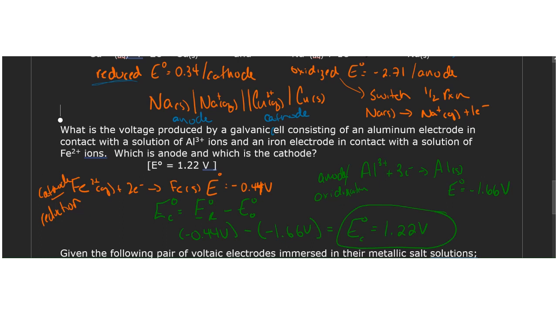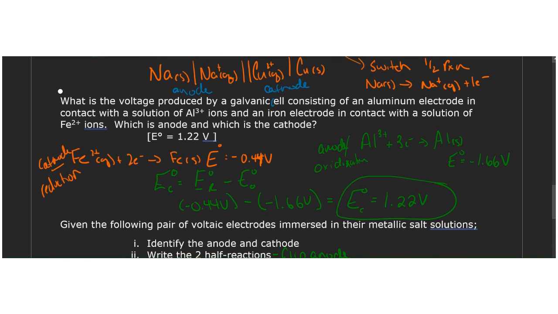What is the voltage produced by a galvanic cell consisting of an aluminum electrode in contact with a solution of aluminum ions and an iron electrode in contact with a solution of iron 2 ions? Which is the anode and which is the cathode? To answer that, I go on the chart.